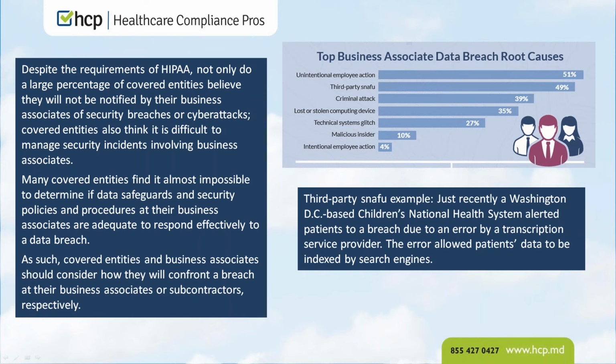However, the error did allow patients' data to be indexed by search engines. Healthcare Systems was contracted as a business associate to handle the transcription. They were provided physician notes, but according to the breach report, approximately 4,107 patients' PHI was affected by this.